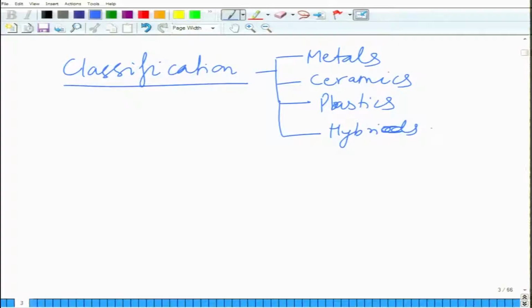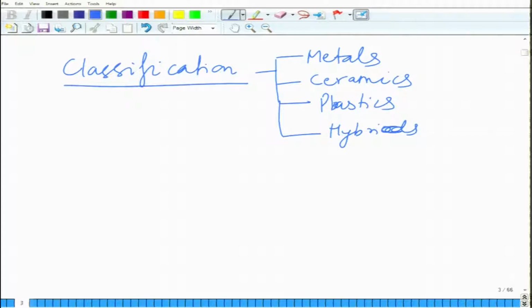Ceramics on the other hand have very high strength, but they have very poor ductility, they are very brittle, they have low coefficient of thermal expansion and poor electrical and thermal conductivity. Plastics are ductile, they can be stretched to long lengths, they also have good toughness, they have corrosion resistance, but their high temperature properties are suspect, and hybrids are something which you intentionally make.